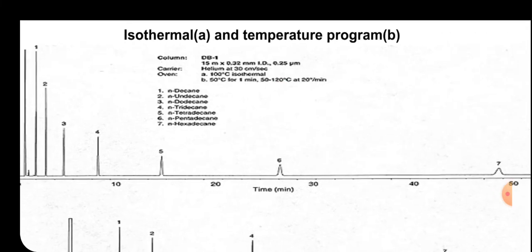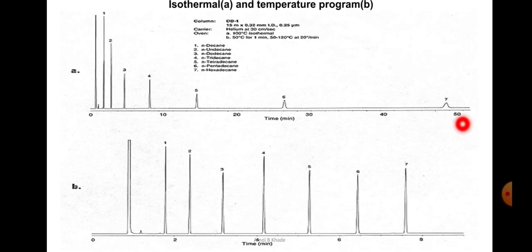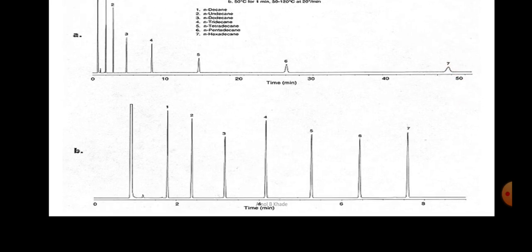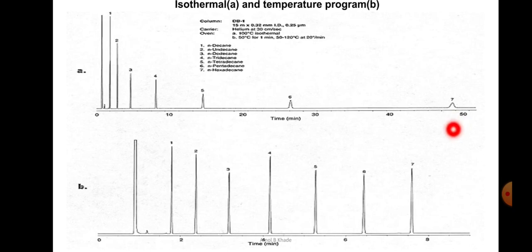Because of that, we can see that in the isothermal case it took almost 50 minutes to elute all these 7 components. However, in the temperature program we were able to elute all these 7 components in less than 8 minutes.